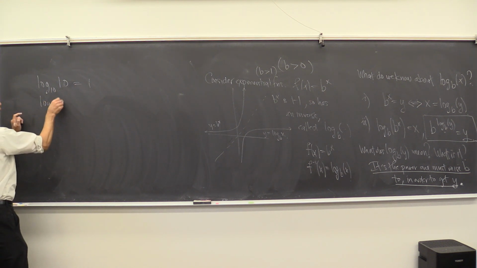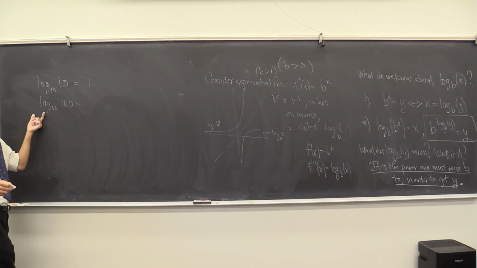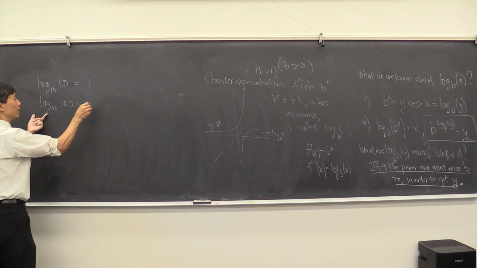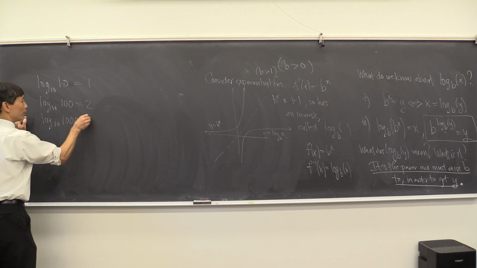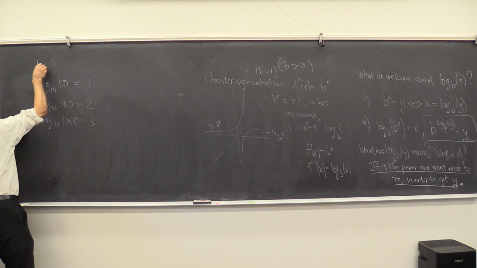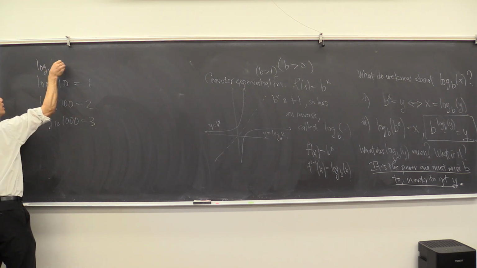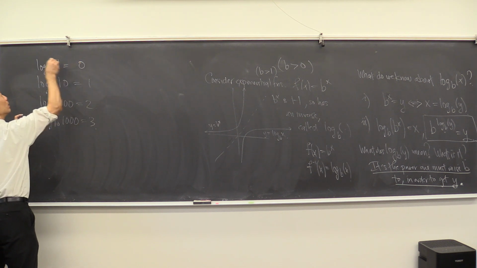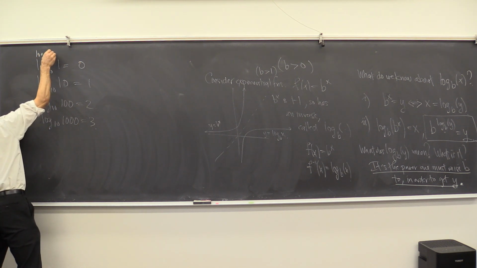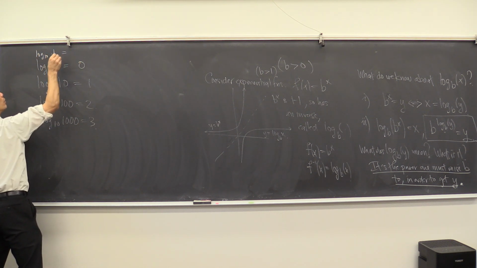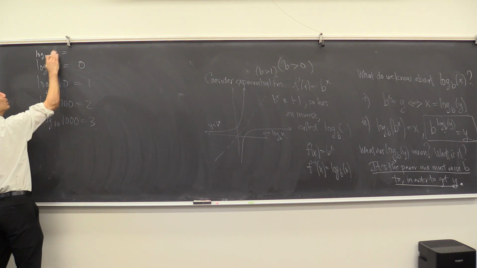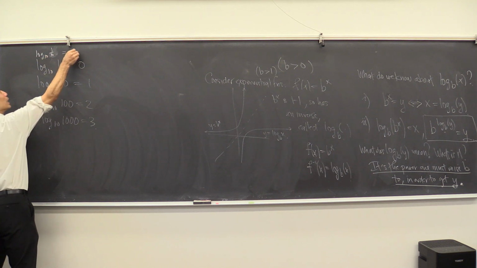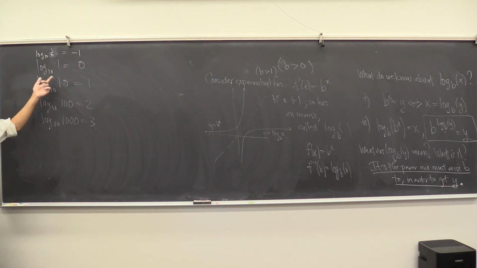If I say log base 10 of 100, what would that be? 2, right? Log base 10 of 1,000, of course, will be 3. Log base 10 of 1 will be 0. Log base 10 of 0.1, remember, 0.1 is 1/10, would be negative 1, because 10 to the negative 1 is 1 over 10. And so on and so forth.